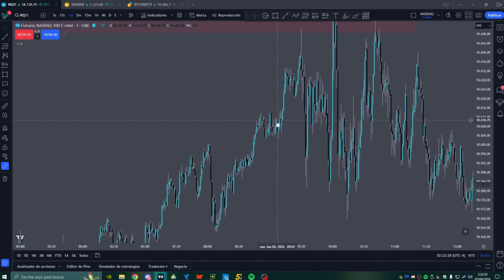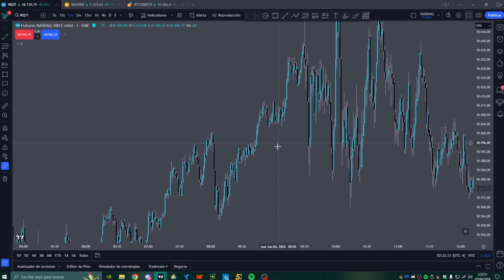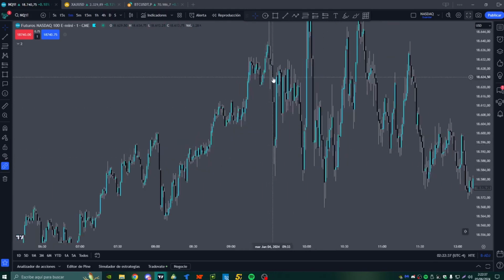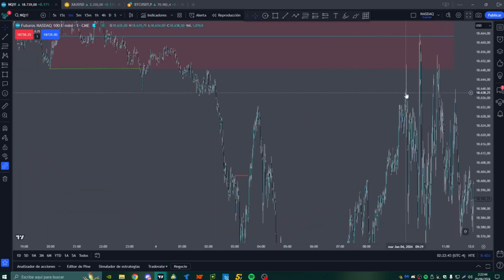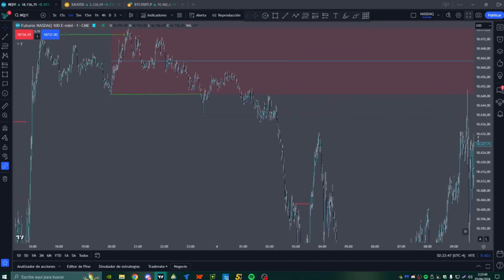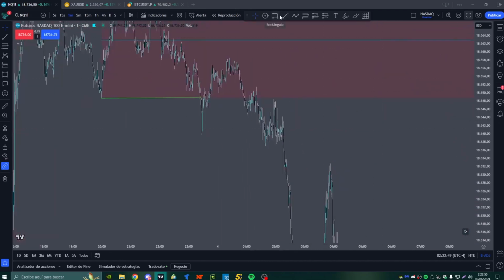Trap area. An area I usually don't take, especially when there's an entire area unmitigated below those small areas that are being generated. And the price at the open then starts to fall here with this wick. I swipe something around here in this area.